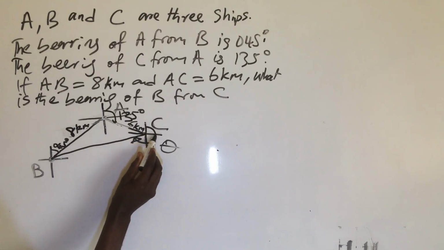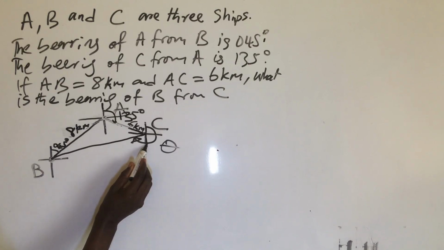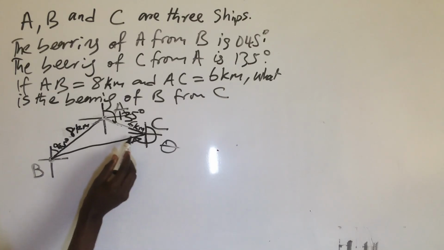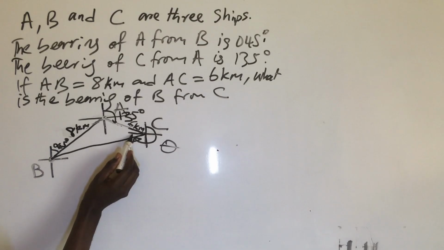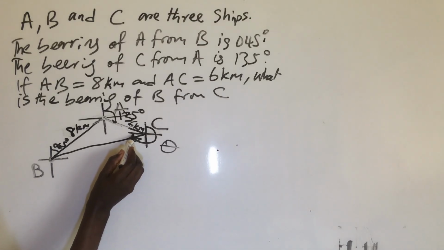Now, we can easily get it, but the problem is here. Because from this place to this place is 90. From here to here is 180. Then from here to here is another 90, which is 270. But this line now is not up to here. So here is the problem.